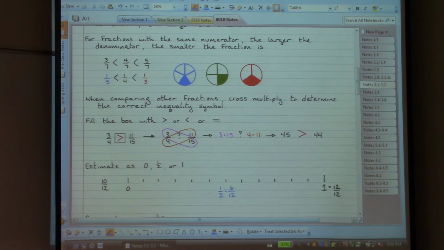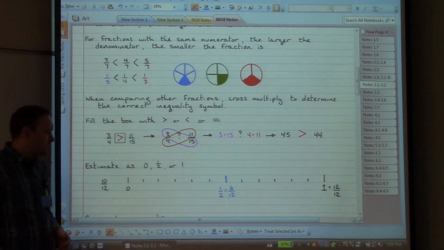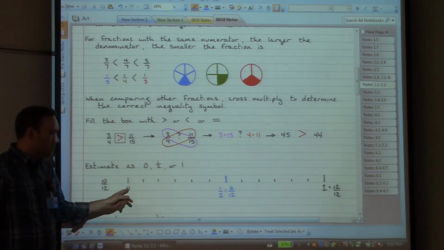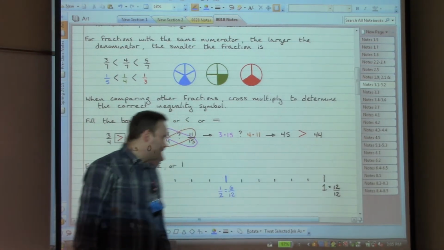So now we know where those markings are. That's great. Where is the 10 over 12 going to end up being located so that I can make a comparison and see, is it closer to 0, 1/2, or 1 whole?